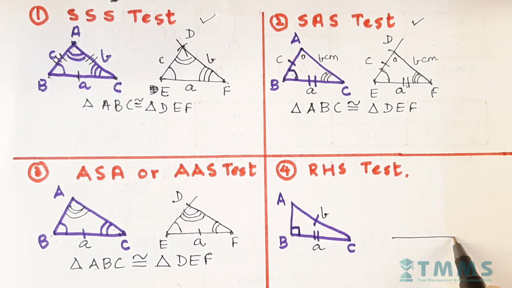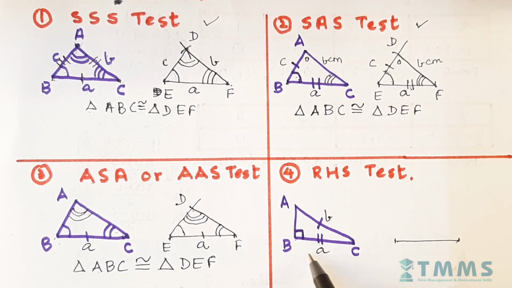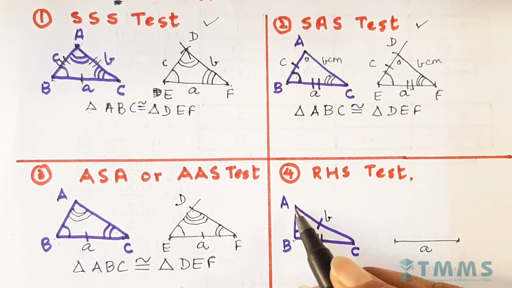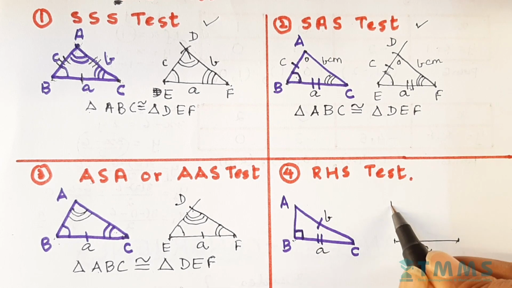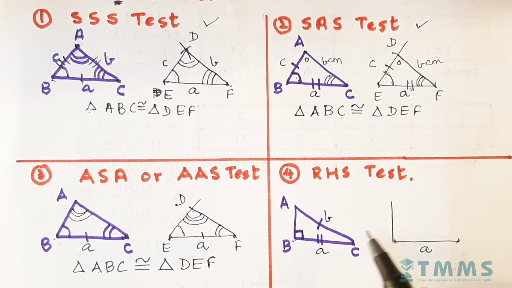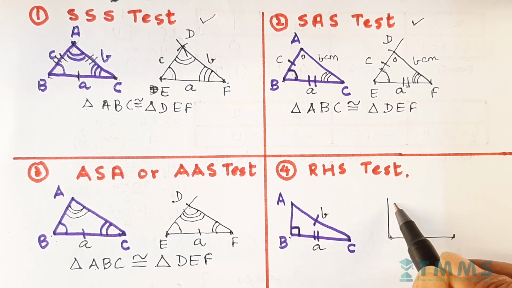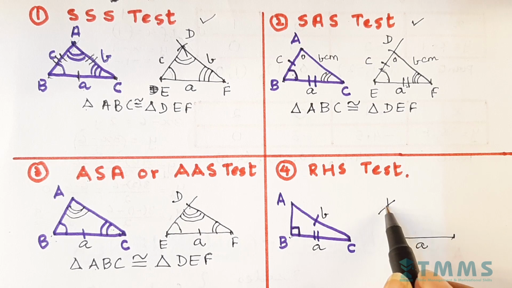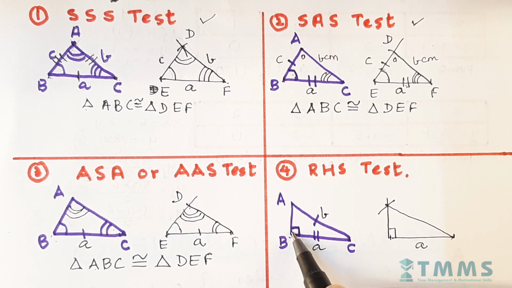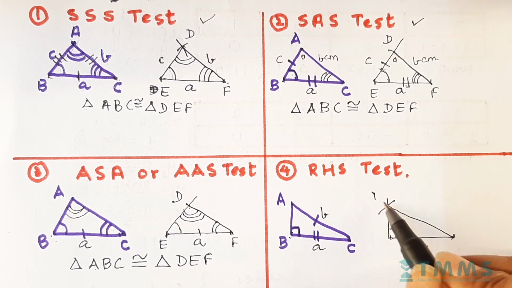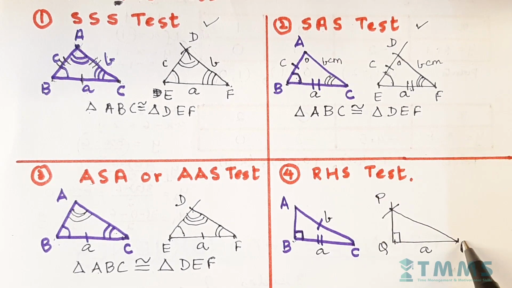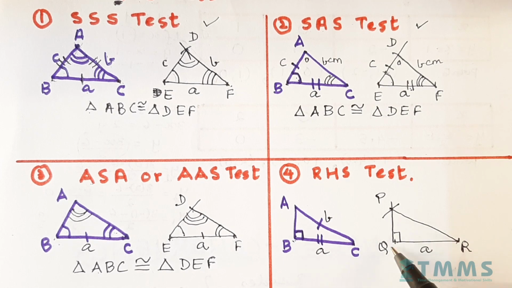So if we draw another triangle with the same measures, and we will call this A units, and here we have 90 degrees, so we will draw perpendicular at this point, and now we will take the radius equal to B centimeters from here, and we will cut this. And then if we join this, we will get another triangle, and that will have this angle 90 equal to this angle 90. Let us call that PQR. I don't want to take DEF, PQR.